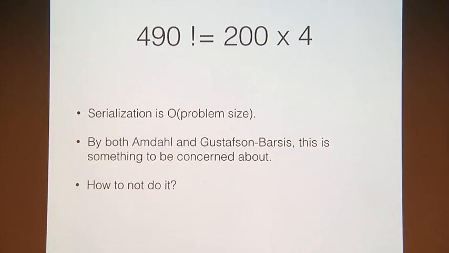Is that serialization a big problem for Spark? It certainly can be. If you're talking about communication between machines, serialization is on the order of the cost of setting up a connection and transferring data, right?